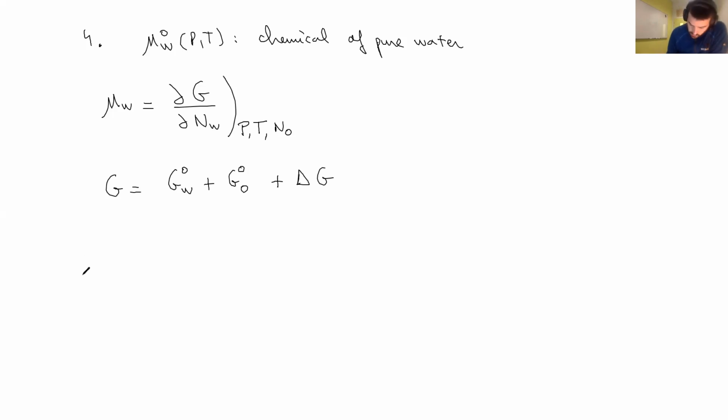So mu of water will be basically the first term here, which is not depending on the number of oil droplets because this is a pure water case. Then there is 0. This doesn't contribute. There is no water in a pure oil phase. And then you have this contribution.